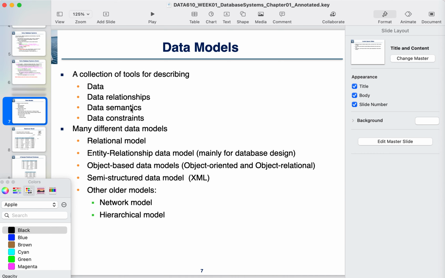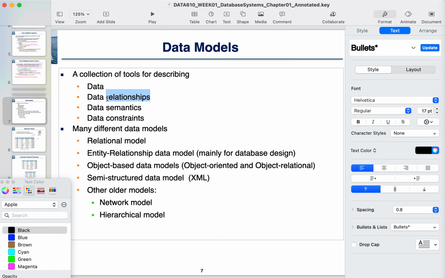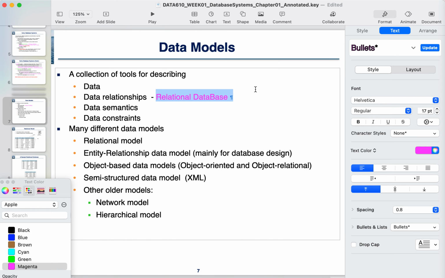We are now in this class studying a relational database. This relational database means that it has tables and relations between them. So that's why it's called a relational database.